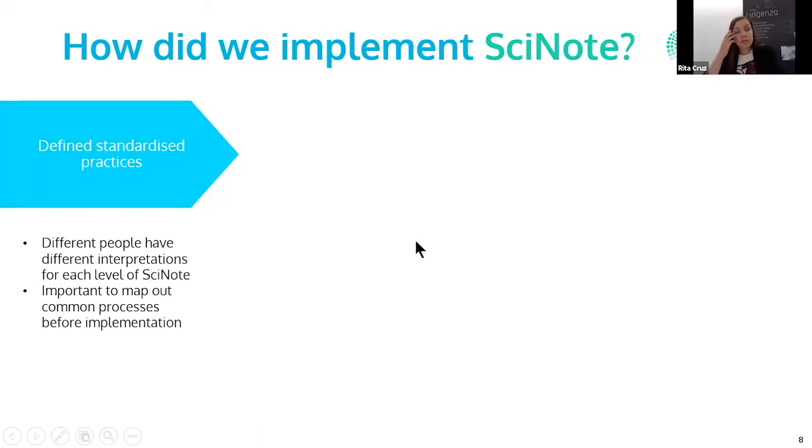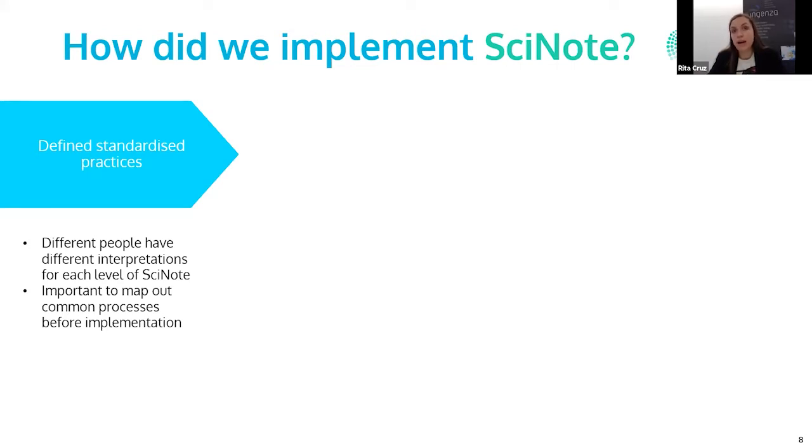So mostly, the things we had to figure out before implementation was to define the standard practices, or how we actually use SciNote. If maybe some of you have already used SciNote or tried it out, it's set up in a way that it has different levels.